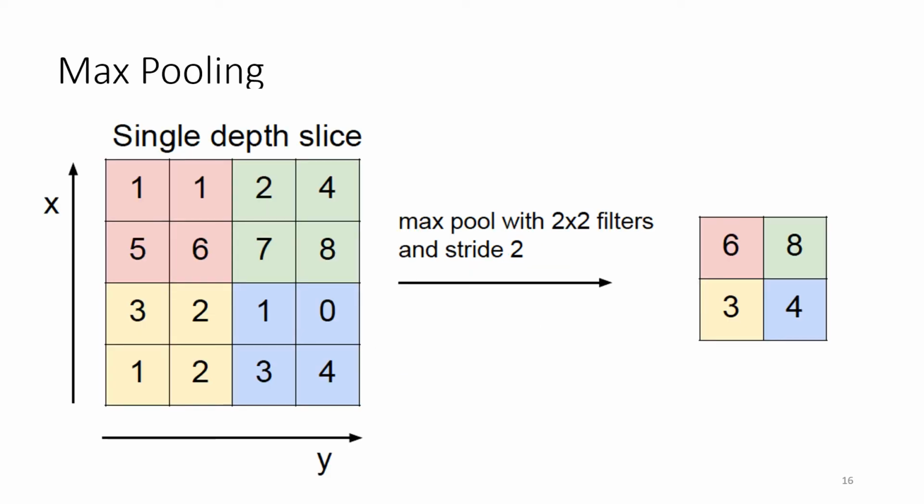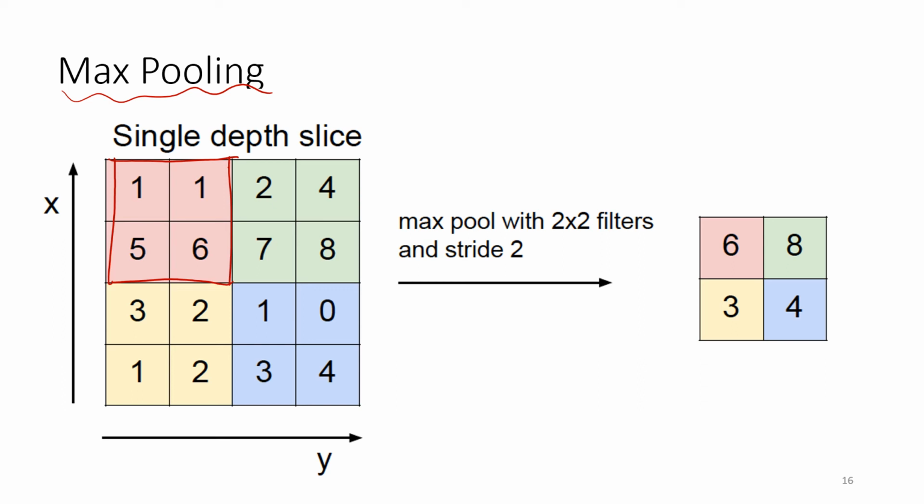Another building block of convolutional neural networks is pooling layers. Pooling layers perform downsampling operations, and the most commonly used pooling layer is called max pooling. In max pooling, we put a window of size, let's say in this example, 2 by 2, and we pick the maximum value that this window can see in this image.